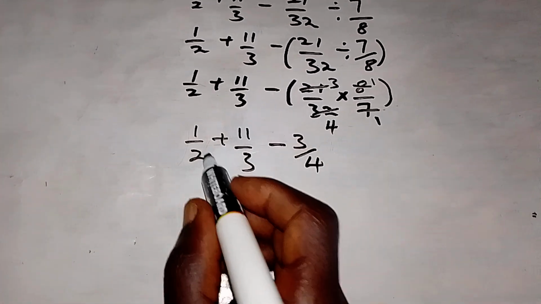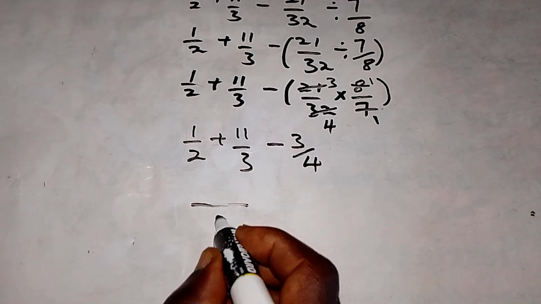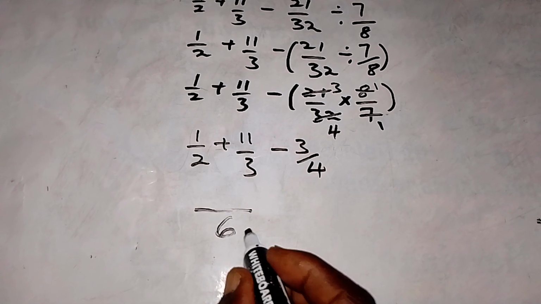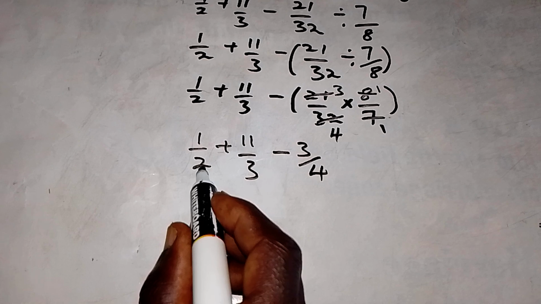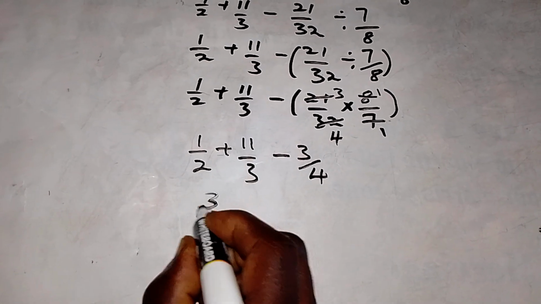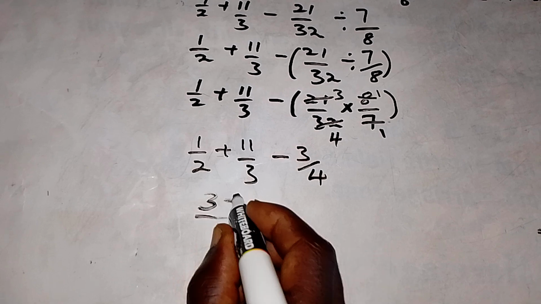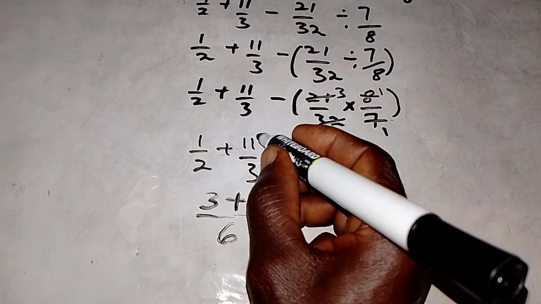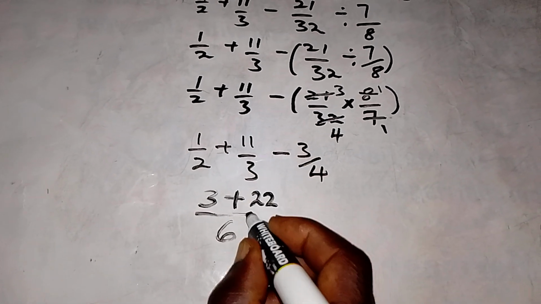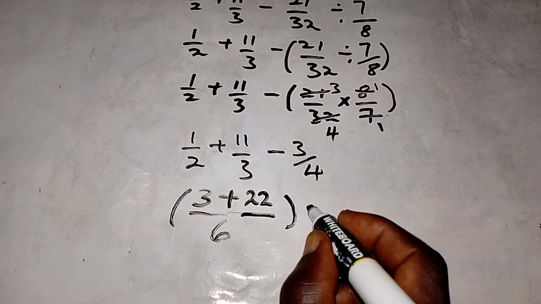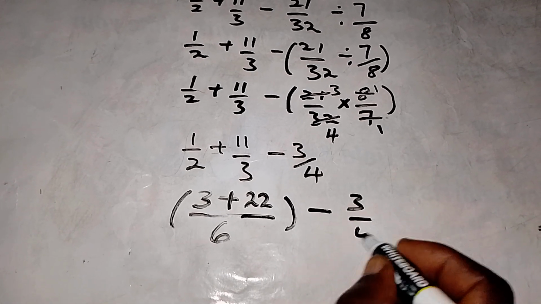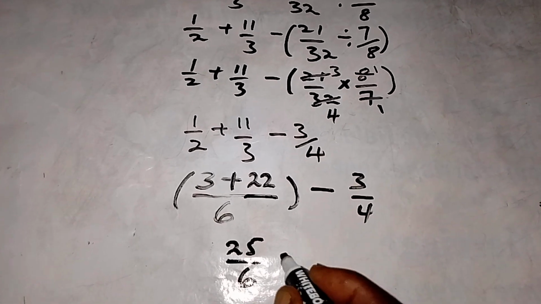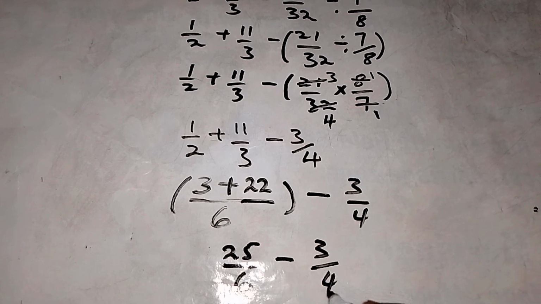We find the LCM of 2 and 3, which is 6, then 6 divided by 2, get 3 times 1, get 3, then plus 6 divided by 3 is 2, you multiply by 11, you get 22, then minus 3 over 4. So this one becomes 25 over 6 minus 3 over 4.